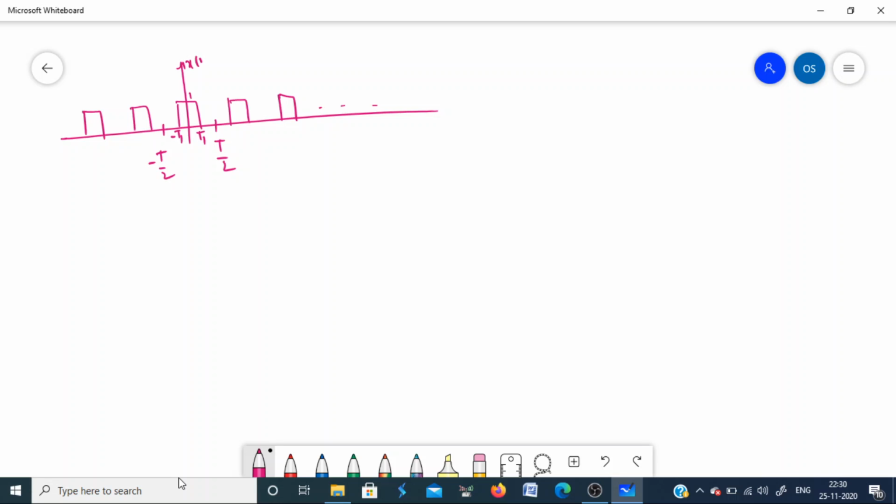this one xt. And for this signal, when I computed the Fourier series, I got constant term as 2t1 by t, and ak I have obtained as sine of omega naught kt1 upon k pi when k is not equal to 0.